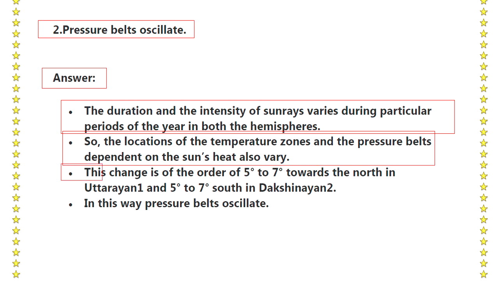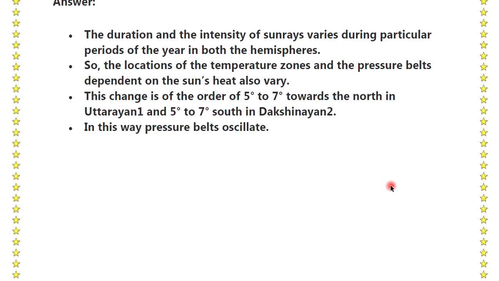Third point, this change is of the order of 5 degrees to 7 degrees towards the north in Uttarayan, and 5 degrees to 7 degrees south in Dakshinayan. Fourth point, in this way pressure belts oscillate. See the next question.